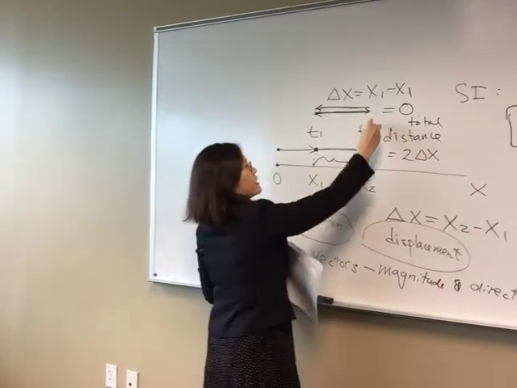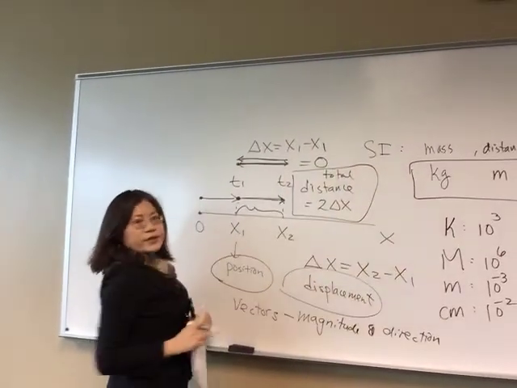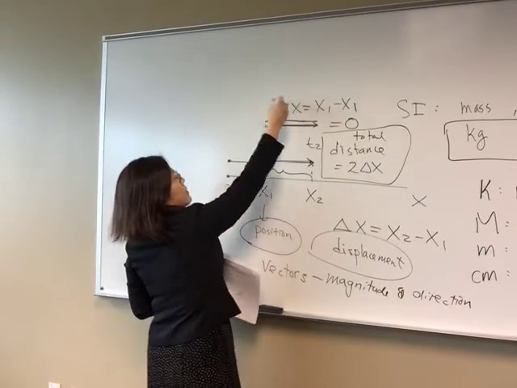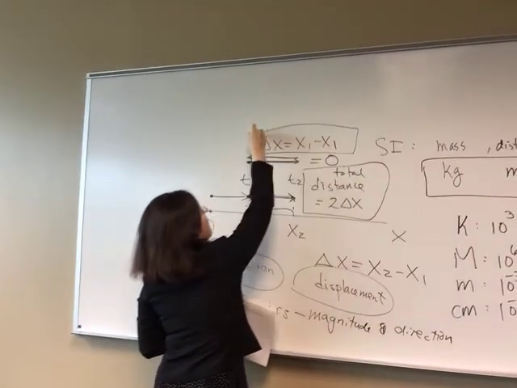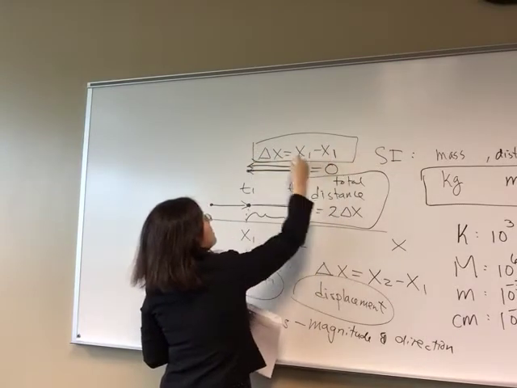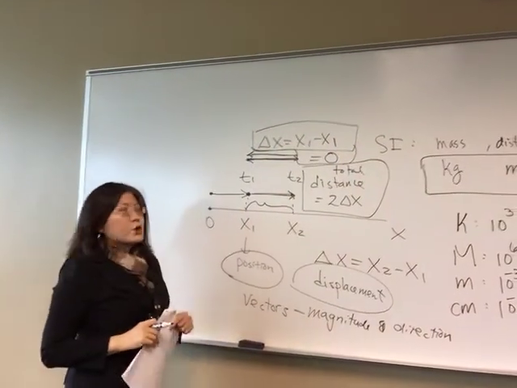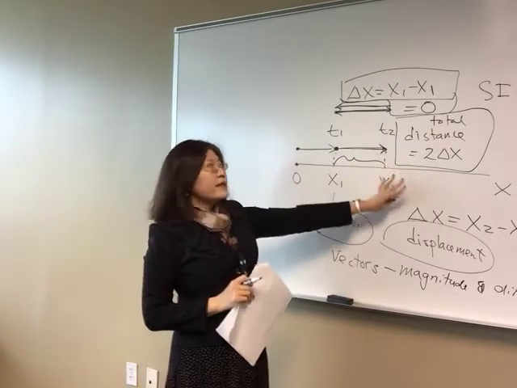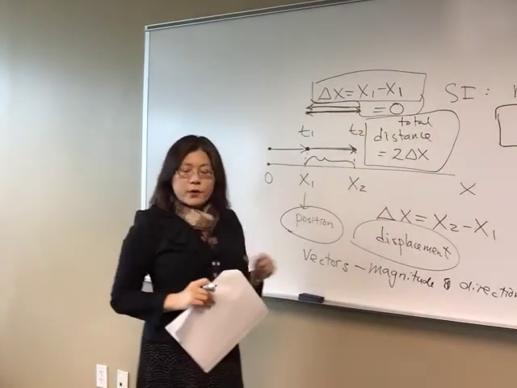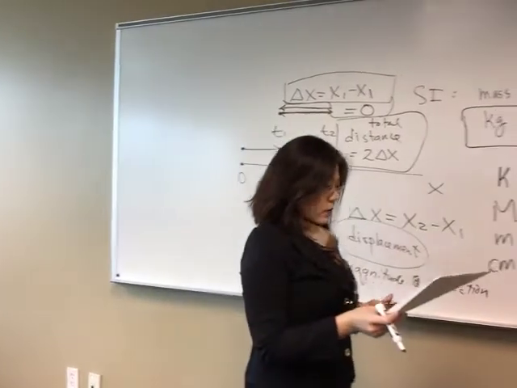This is your total distance, and you can see that it is non-zero. But when you think about the displacement, that displacement is actually 0. So that's the difference between total distance and displacement. Okay, so that's an important difference.